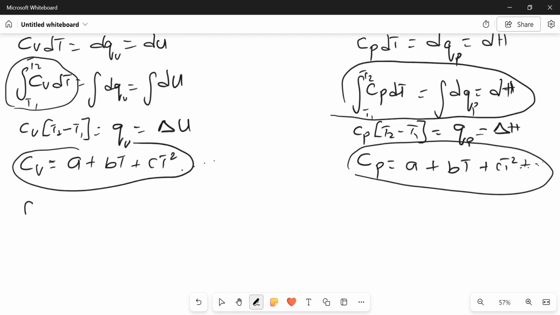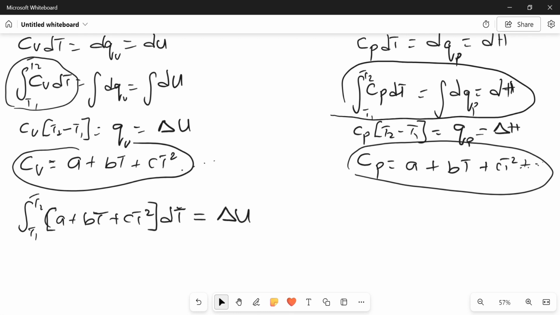We are going to have the integral from T1 to T2 of A plus BT plus CT square, and then we have dT. This is actually equal to our change in U, because I'm changing the U. And then we have what?